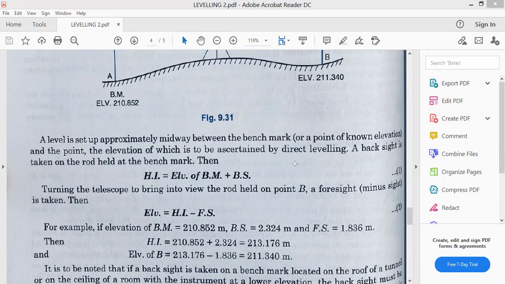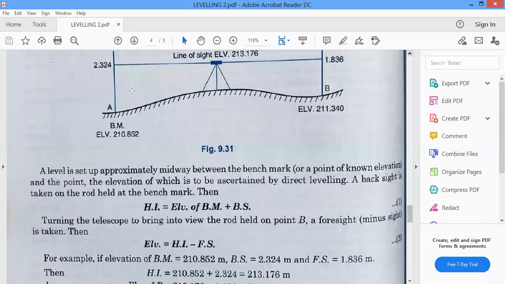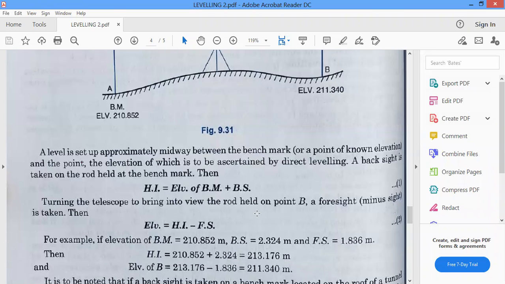Next, after setting up the instrument, the first reading you have to take is on the benchmark, that is your backside. Elevation of the benchmark is 210.852 meters here, and the backside reading I am getting is 2.324 meters. Using that backside reading, I can calculate the height of instrument. Height of instrument is equal to elevation of benchmark plus backside reading.